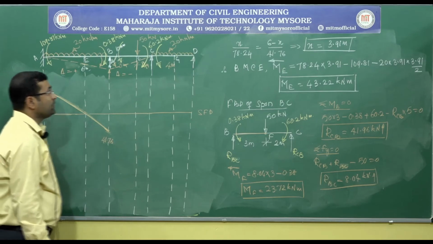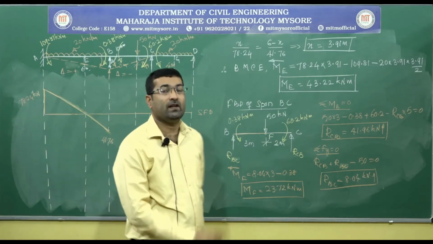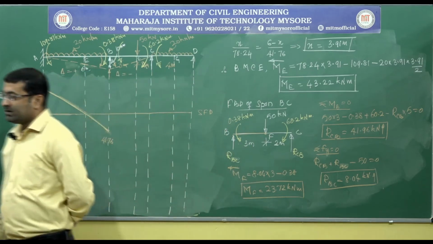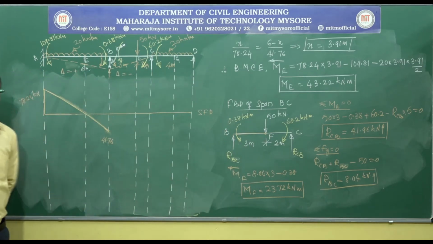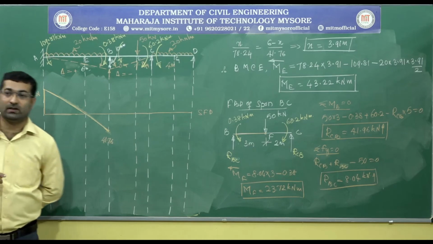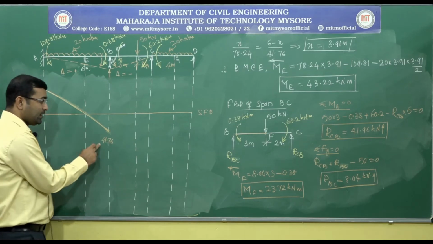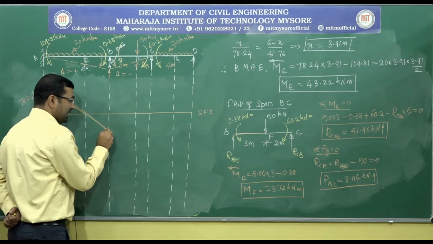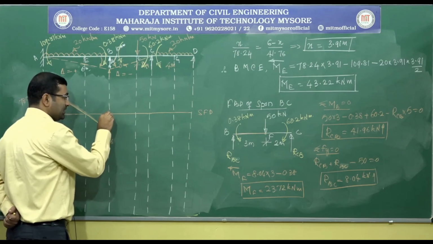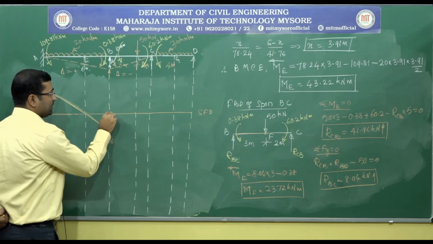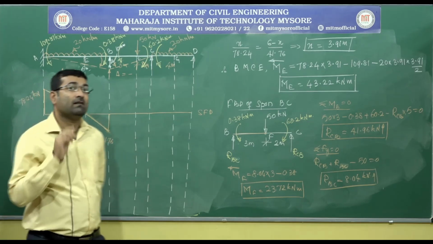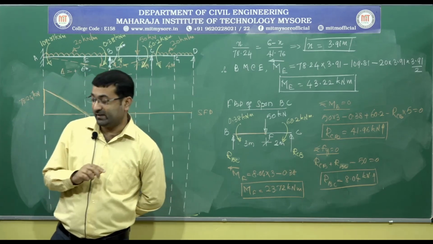Right. Now at point B we have one more reacting component, that is RBA. So RBA is plus 41.76. So this is minus 41.76 plus 41.76, it is 0. So I have to take this line vertically up. So it is 0. And at point B we have one more reaction, RBC.